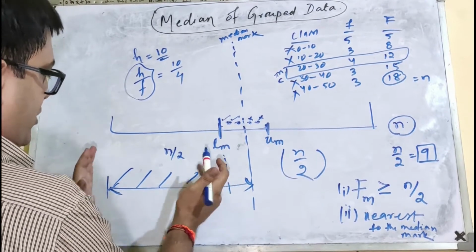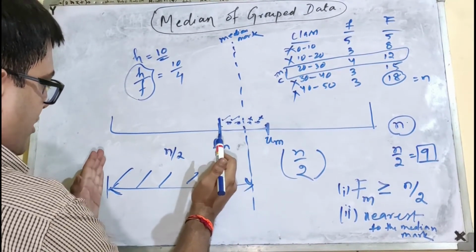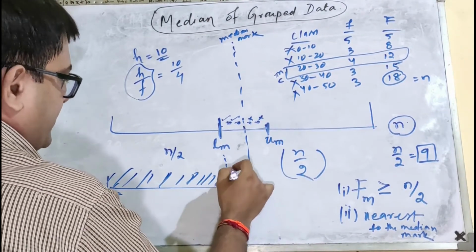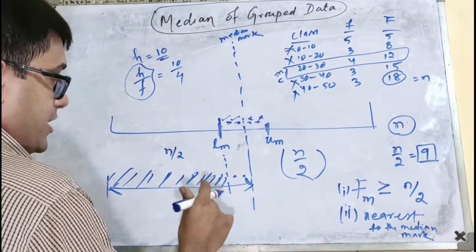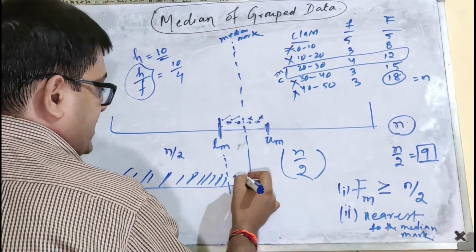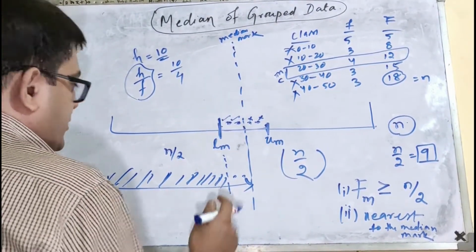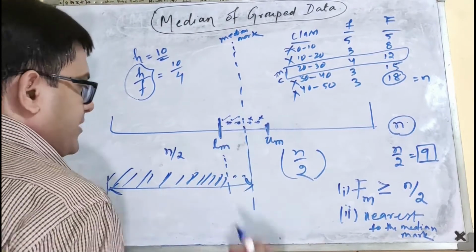We have n by 2 below the median mark, but if we somehow can take away this shaded length, we will be only left with the data points in the median class which lie below the median mark. It could be 1, it could be 2, it could be 3 or it could be even 4.